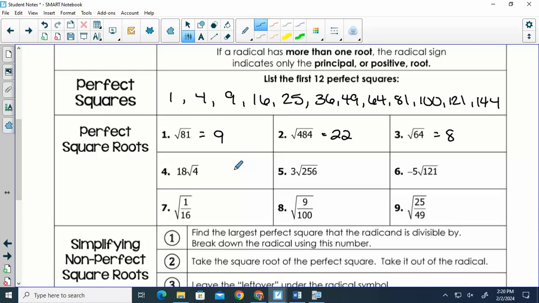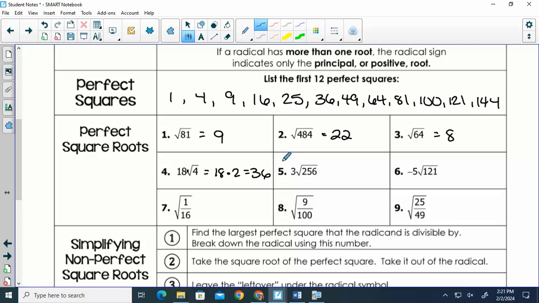18 square root of 4. 36. Okay, how'd you get it? You type in the 18 and then you can type the whole thing in your calculator, can't you? What it's saying is just 18 times the square root of 4. What is the square root of 4? 2. So it just means 18 times 2, which is where the 36 comes in.